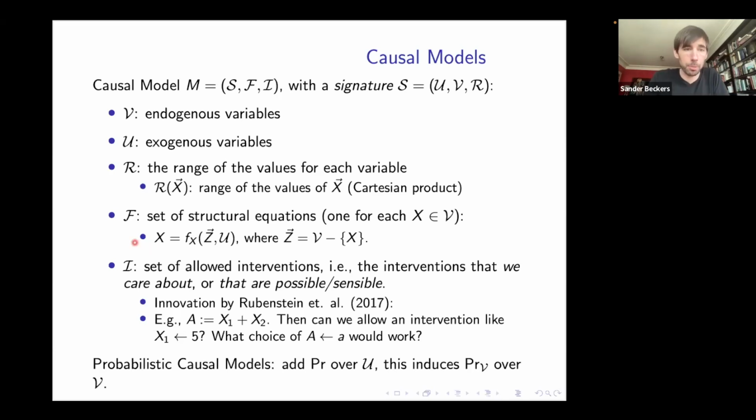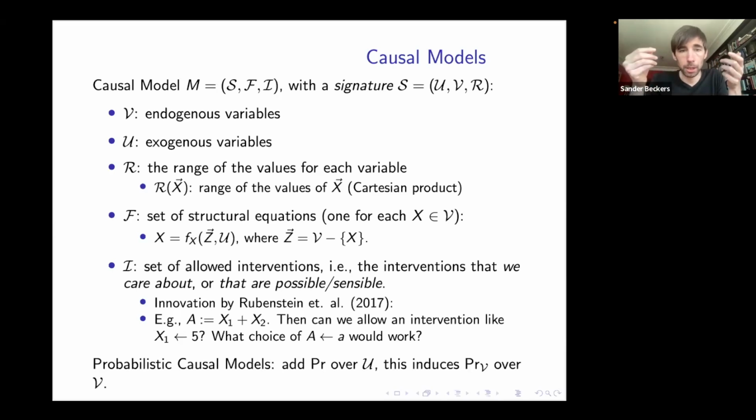So a structural equation, F, and we need one for each endogenous variable, right? And the cleanest way to do that is to say that the equation takes the form X equals some function, which is distinctive for X, so F subscript X, and the arguments for that function, so the domain, is all of the other endogenous variables and all of the exogenous variables.